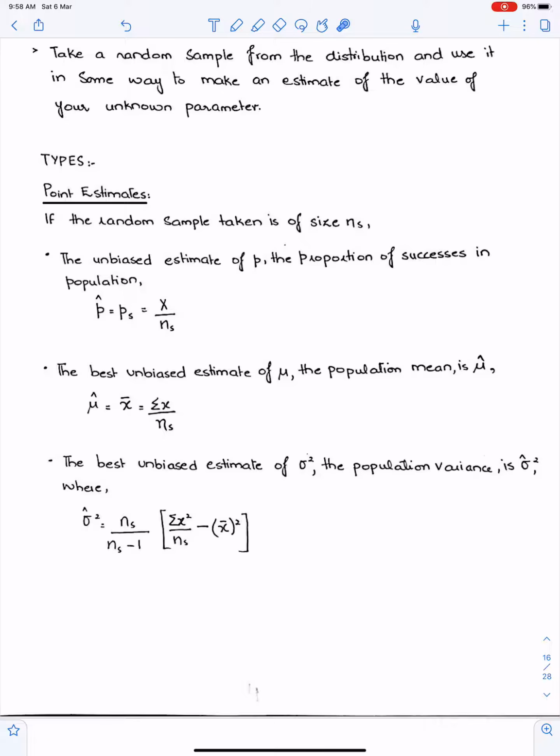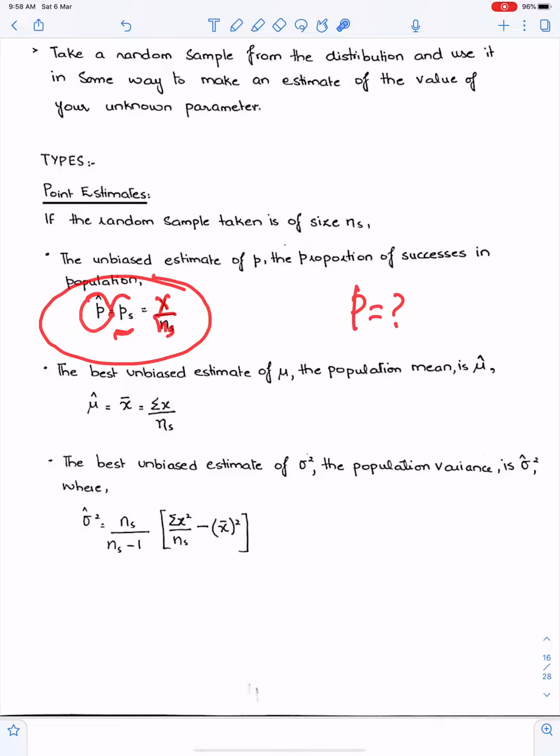Number one, we estimate the proportion p, the probability of success of binomial. When the p of binomial is unknown, we use the formula of sample proportion, which is x upon ns, to estimate its value.